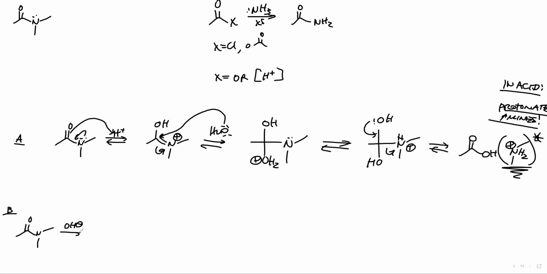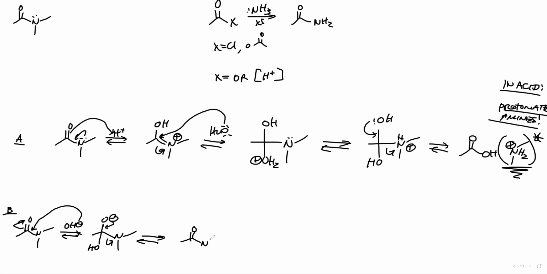Now, if we look at the basic mechanism, again, a little bit of highlighting what we talked about before, OH minus is highly motivated as a nucleophile. It doesn't need any kind of acid. Well, there's no proton, so it's not like we could if we wanted to. But again, this one is really uncomfortable to do, but O minus has to come down and kick off NR2 minus.